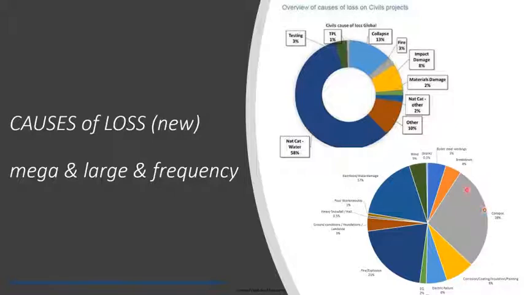So really headline losses. While here we obviously have by far a bigger amount of risks behind, and it's well possible that the cause of loss, net cat water, is not that important. Rain, flood, water damage for the mega losses were only 17%, while in the overall view, it seems that net cat and water contribute far more.